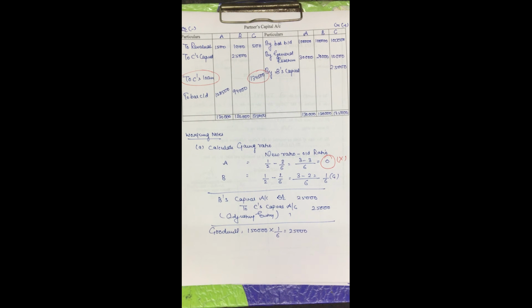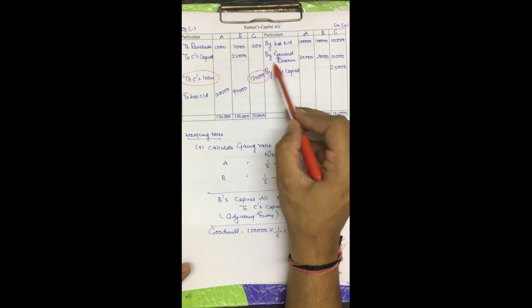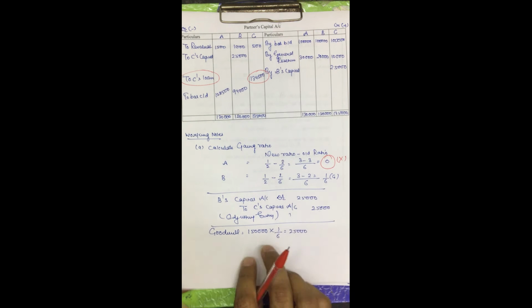So we have prepared the revaluation and partners' capital, and after that we will prepare the balance sheet. So firstly there are journal entries. See how to give the journal entries. There is only one journal entry, that is general reserve, and this one. So we will write the journal entry here of general reserve.